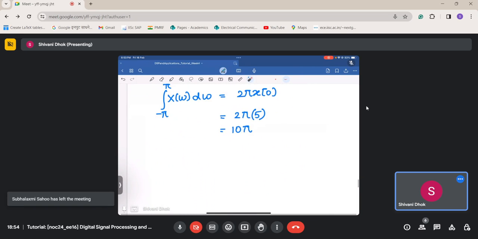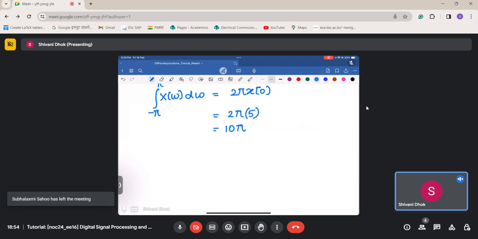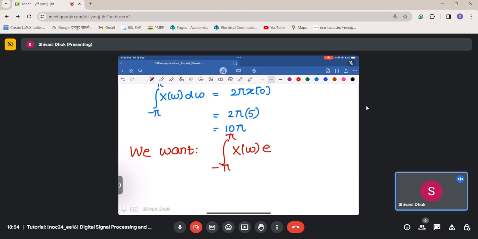So what is given to us is we want the integral from minus pi to pi of X(omega) e to the power minus j omega n. We want this, right? This was asked in the question. What is this equal to?